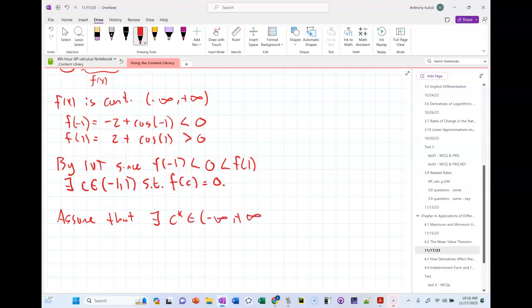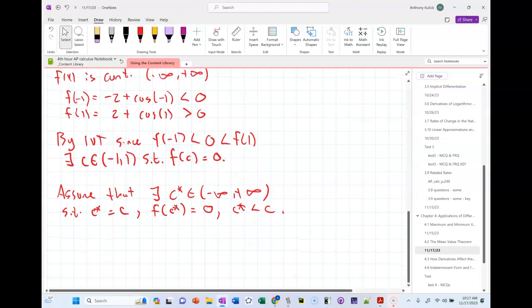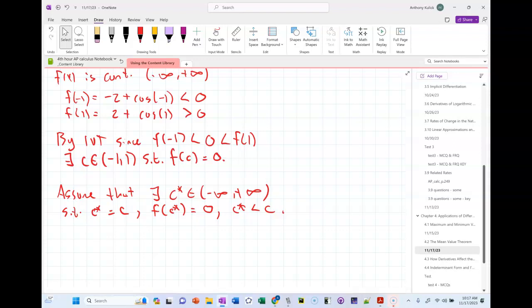In the domain somewhere, such that c star is not c, and f of c star is equal to 0. And then let's just say that c star is smaller than c, right? Like it doesn't really matter, but without loss of generality, we can just assume one of them is bigger than the other, for clarity's sake. Cool, so far so good? All right.